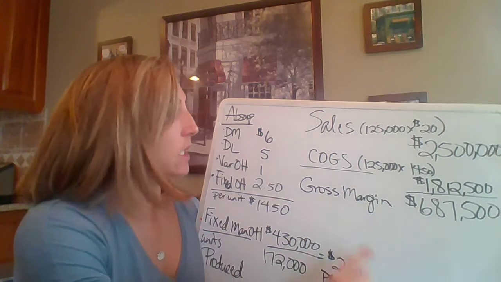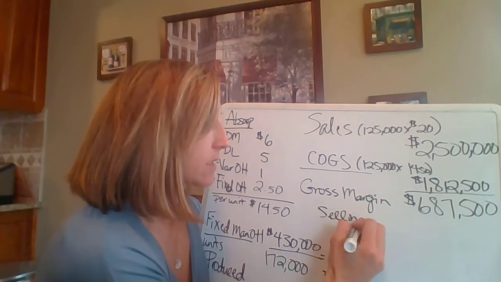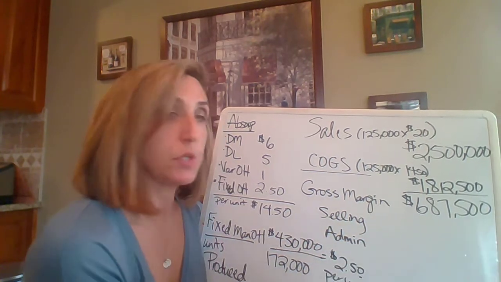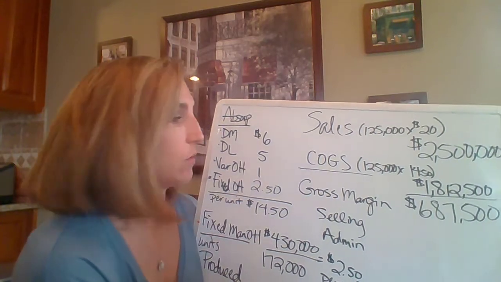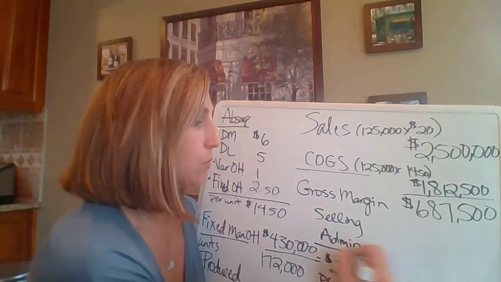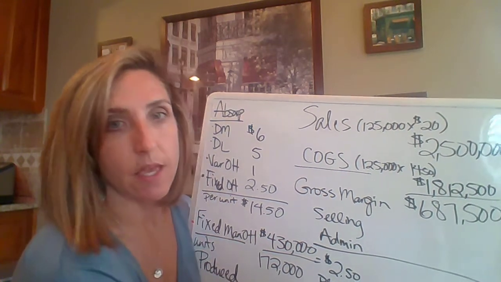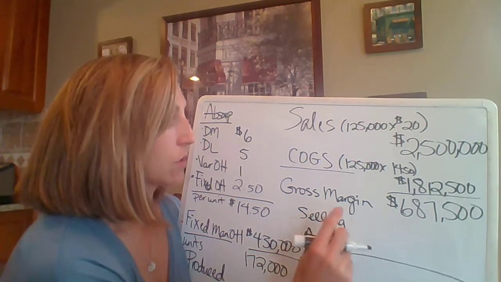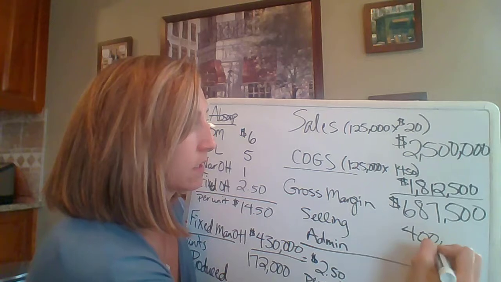Ooh. So what's going to happen at the bottom? Remember we list those selling and admin costs. Since we didn't produce any more units, we sold the same number of units, those two numbers won't change. If you flip back through the video, it would say there was $100,000 of variable cost and $300,000 of fixed selling cost.